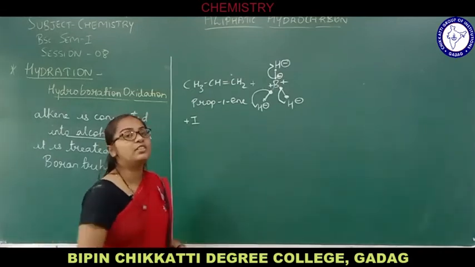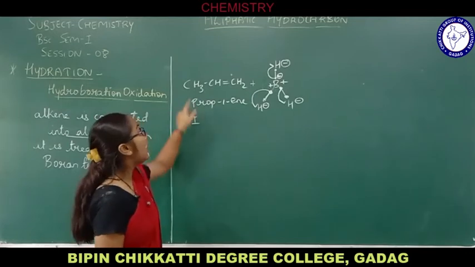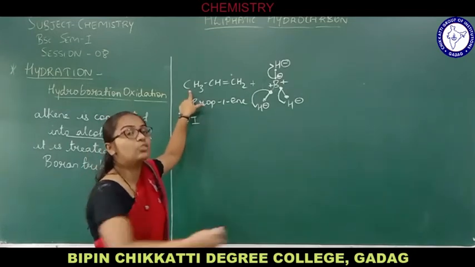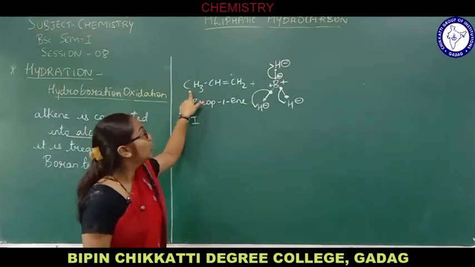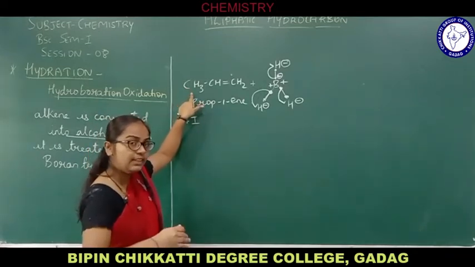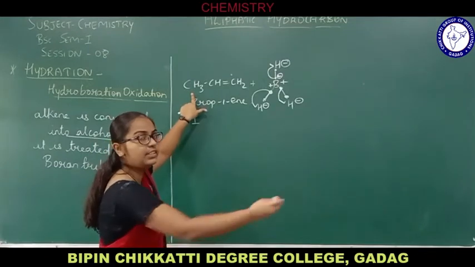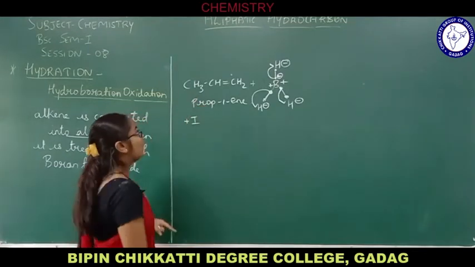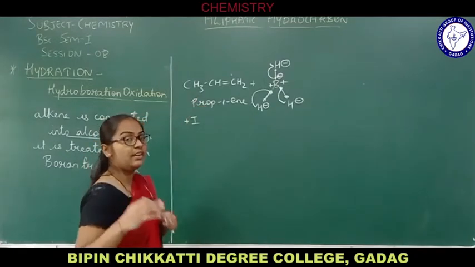You have studied this in your 12th standard. The alkyl groups are the electron donors there, so their electron density gets donated in a series, and that is called the plus I effect.